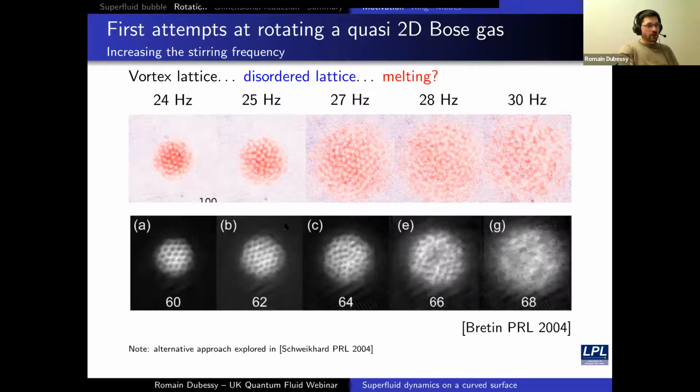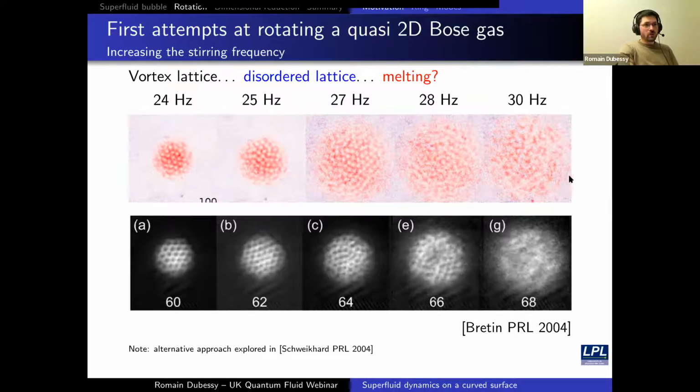And this we can compare to previous experiments, again in the group of Jean Dalibard in Paris, where similar behavior was observed. But the main difference here is that we start with a system that is very confined in the direction perpendicular to the plane of the image.